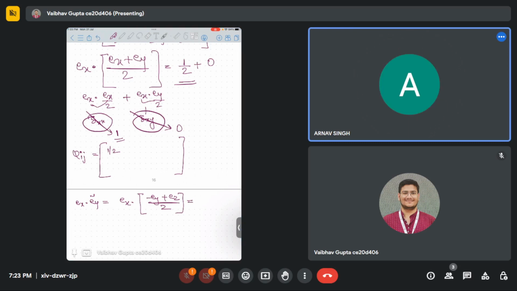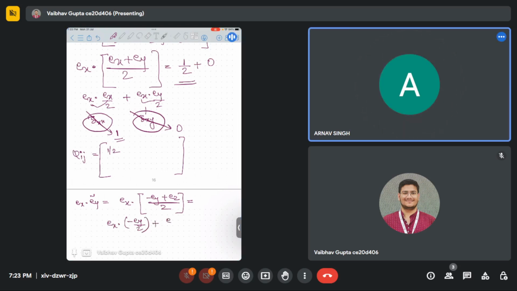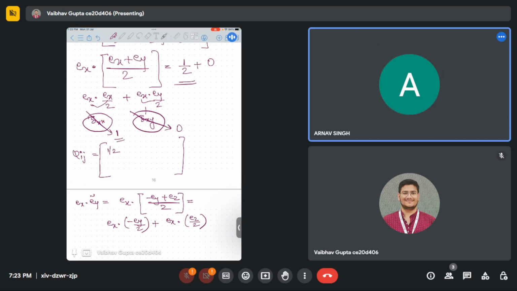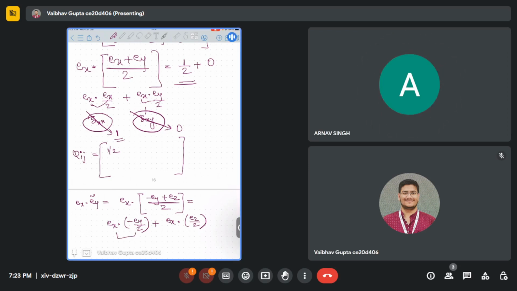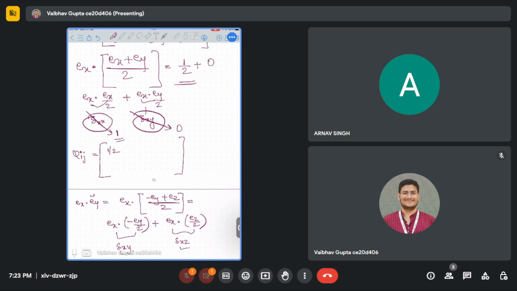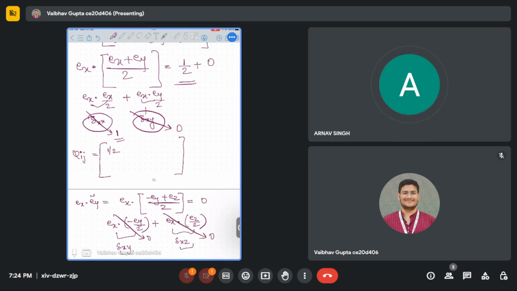If you elaborate this, it will be minus Ex dotted with Ey by 2 plus Ex dotted with Ez by 2. Now if you see, dot product is there, so Kronecker delta will come. Both are different, so that is 0. So this is 0. Understood?